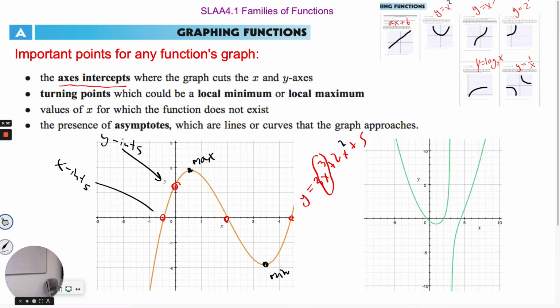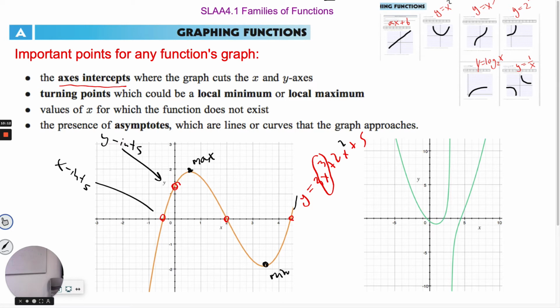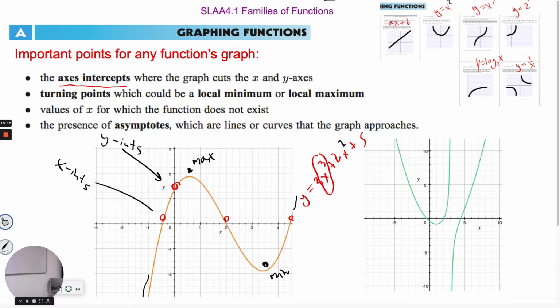This thing's called a local maximum, because if you keep going this way, this is just going to go up forever. So that's not the maximum of the whole function, because it just keeps going up on this side. But it is a maximum, it's an interesting point. It's a maximum within here, so we say that's a local maximum. Similarly, that's a local minimum, because this just goes down forever. So a local maximum, local minimum. Those are interesting points.